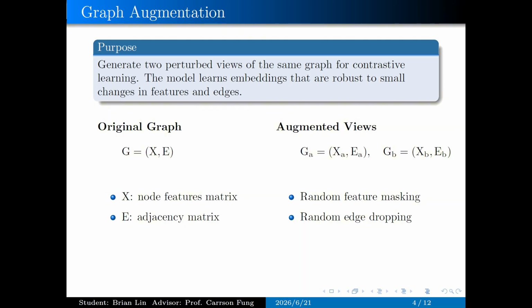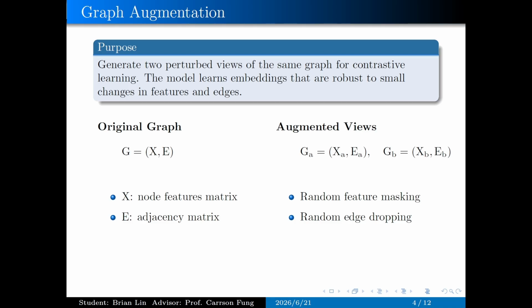The purpose of the graph augmentation is to generate two different graphs that have two perturbed views, so the model will learn embeddings that are robust to small changes in features and edges by using this kind of contrastive learning way.